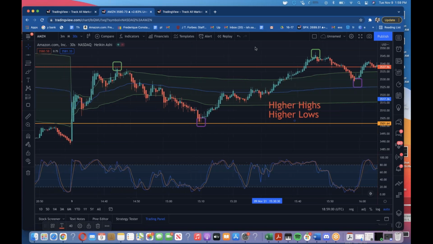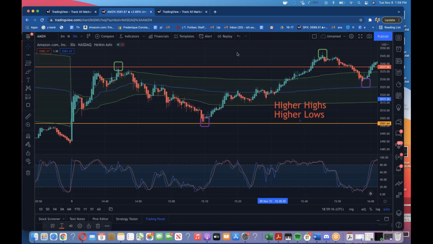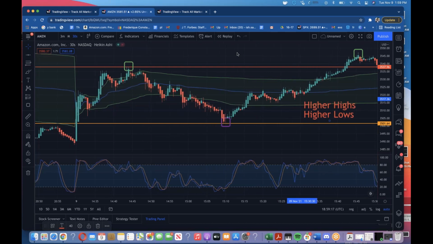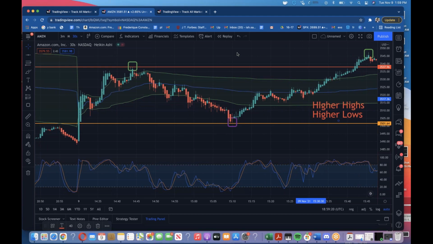So essentially, guys, let's put two and two together now, right? Because we kind of talked about high of day and low of day, and then higher highs and higher lows, and lower highs and lower lows. So we'll talk about high of day and higher highs and higher lows right now, just like you see on the screen. Amazon saw the higher high, right?